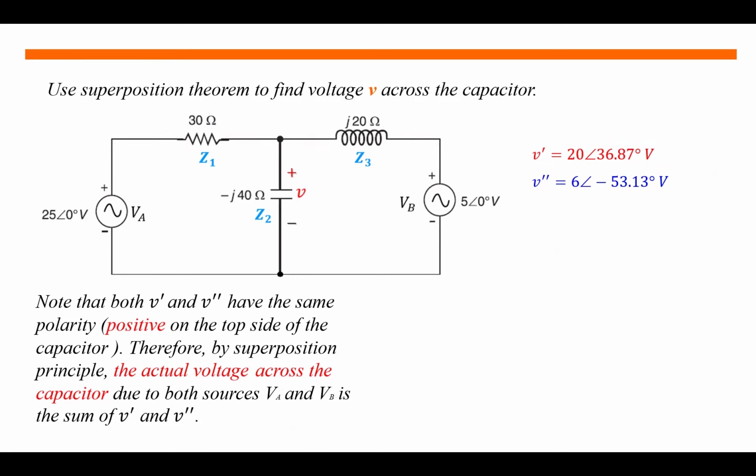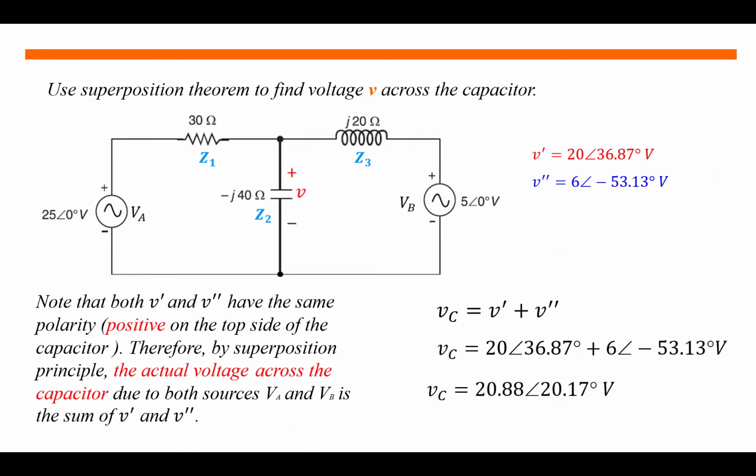So since pareha sila ng pwesto na positive sa taas at negative sa baba, therefore kukuha lang natin yung kanilang sum. So the voltage across the capacitor will be equals to 20.88 angle 20.7 degrees volts.